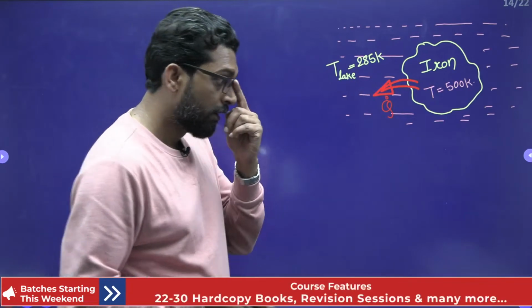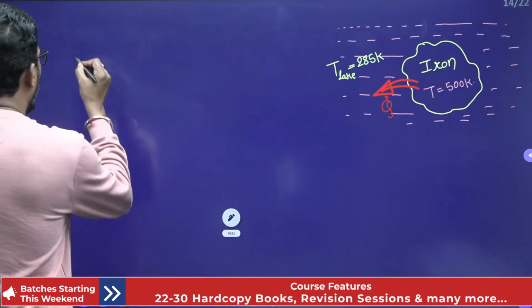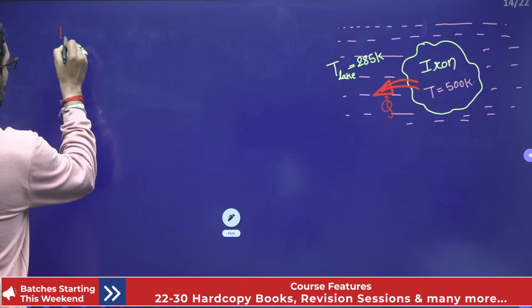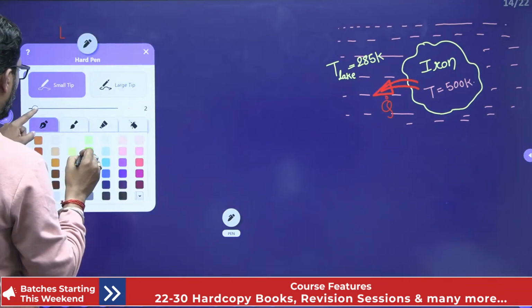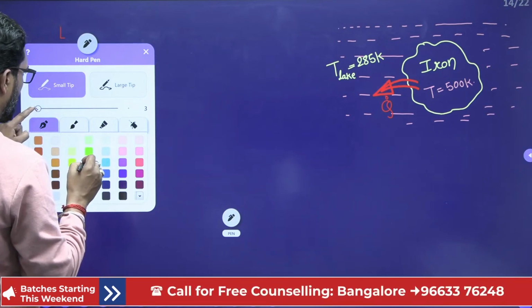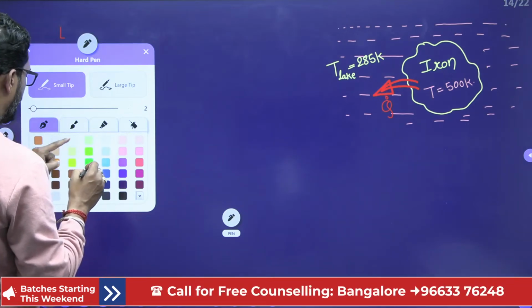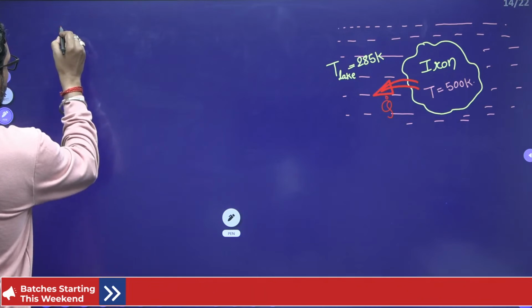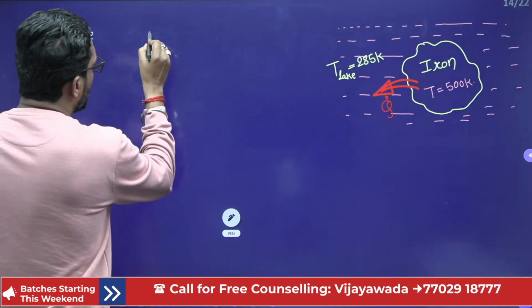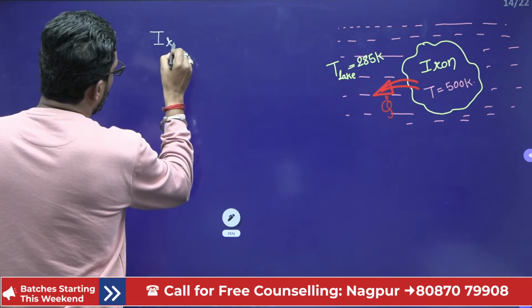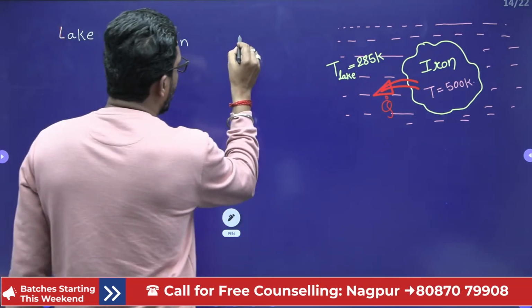Now, there are two systems. One is the lake. The other is the iron. The third one is the lake plus iron.